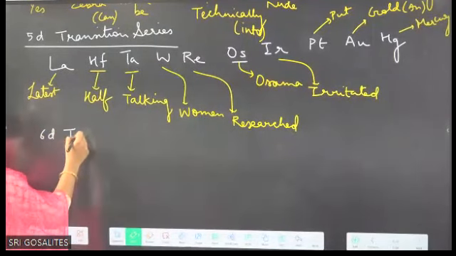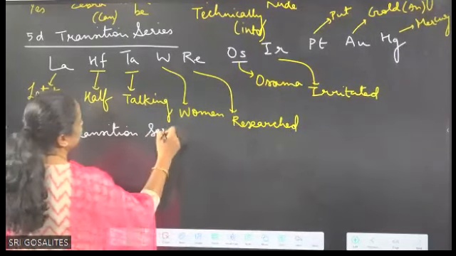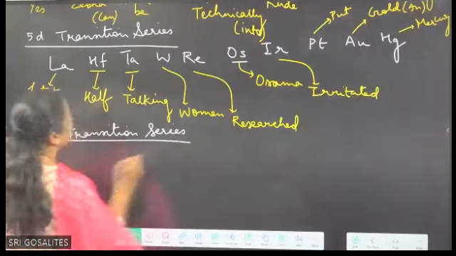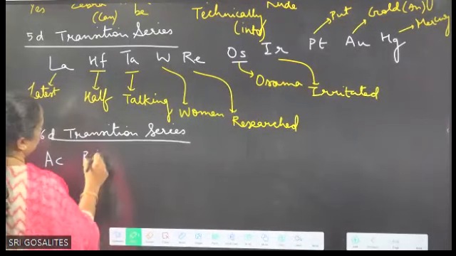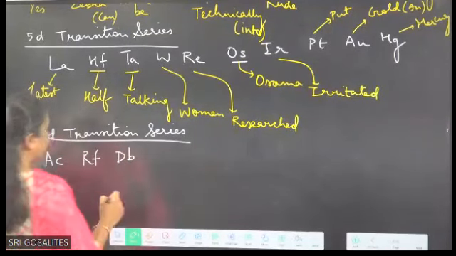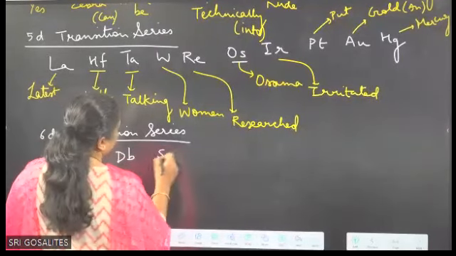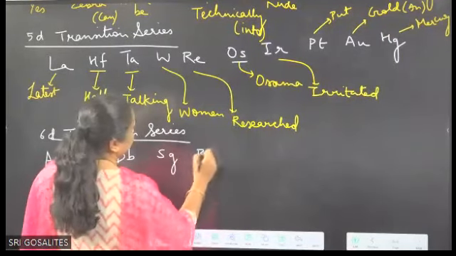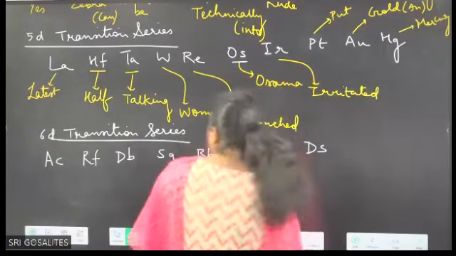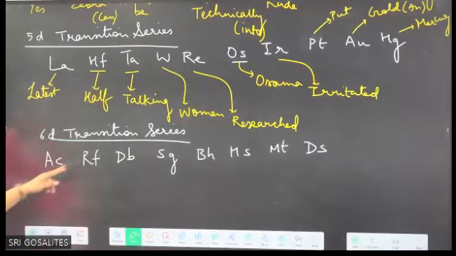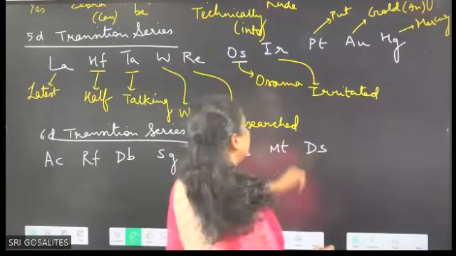Now, 6D transition series. In 6D transition series, we are having all the newly discovered elements. So this one will be 104, 105, 106, 107, 108, 109, right?